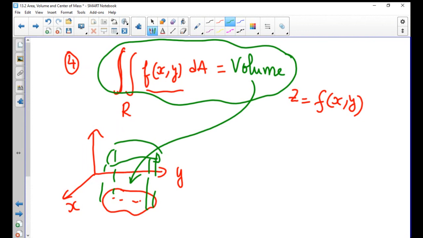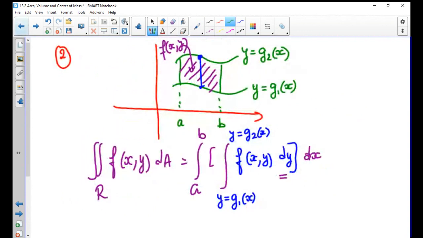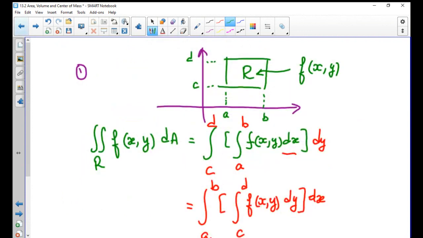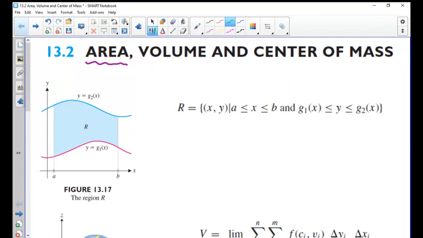Now I want to move to section 13.2, where we'll talk about areas, volume, and the center of mass. So first, the area.